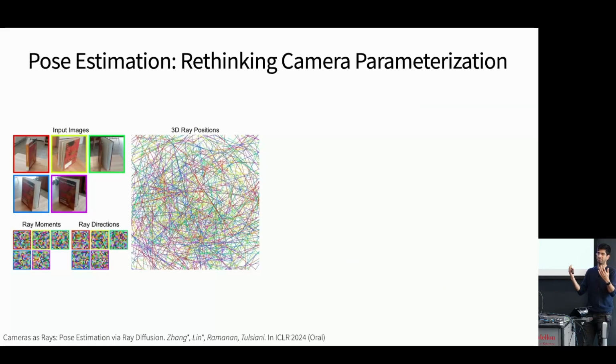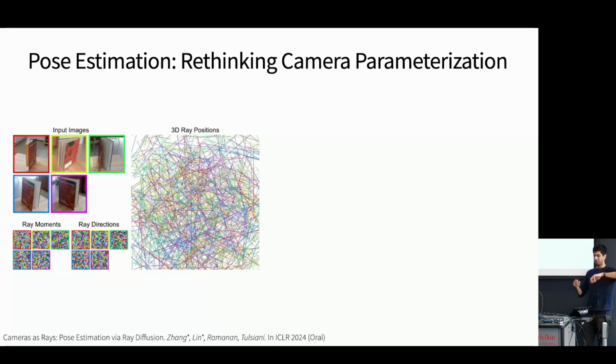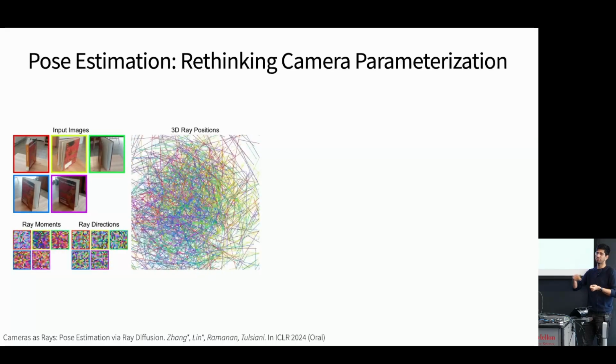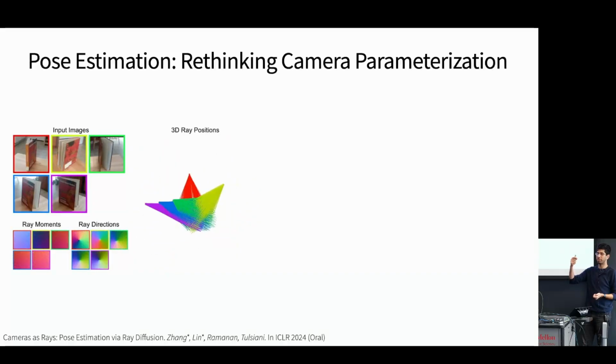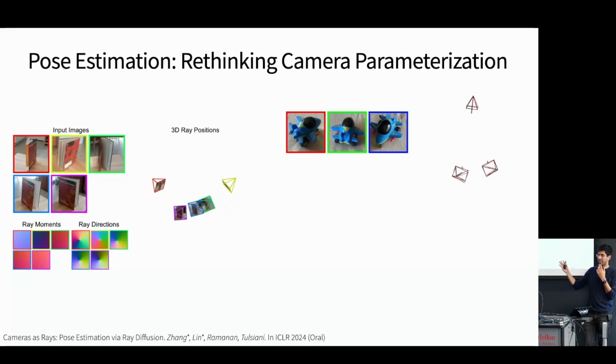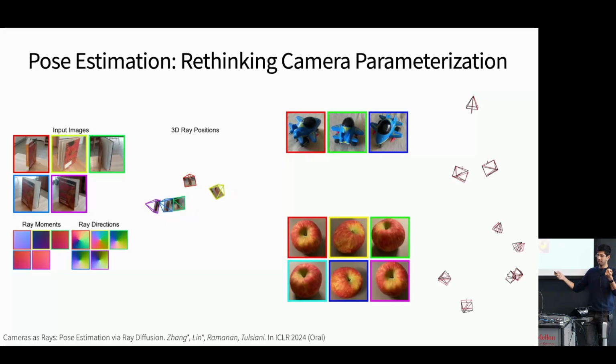And so we can train denoising diffusion neural networks which predict these rays given many images. Here's a fun visualization of this neural network iteratively improving its prediction of these rays. It sees all these images, for each image it tries to predict the ray for each pixel, and at the end of the day it just recovers cameras for those. And it works remarkably well given just a small number of images. The black cameras are the ground truth. Our inferred cameras are really, really close to this, and can handle symmetric objects and so on.